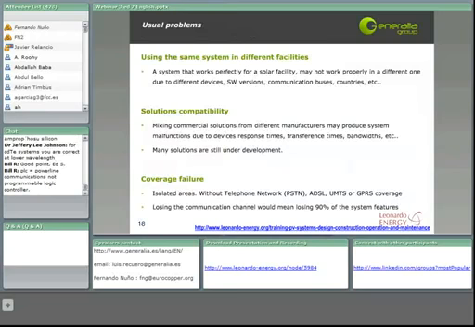By using the same system in different facilities, we mean that a system that is working properly within a solar facility might not work in a different one, because the software versions for the different elements are different depending on the year that they are being produced, and also the protocols are different depending on which country we are using the system.